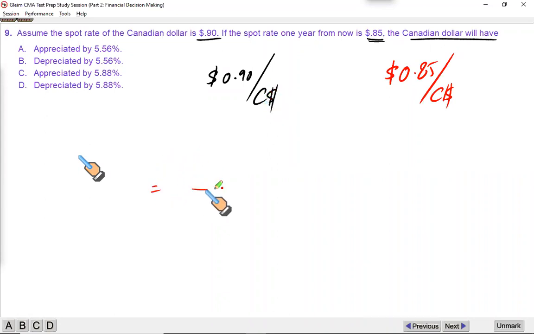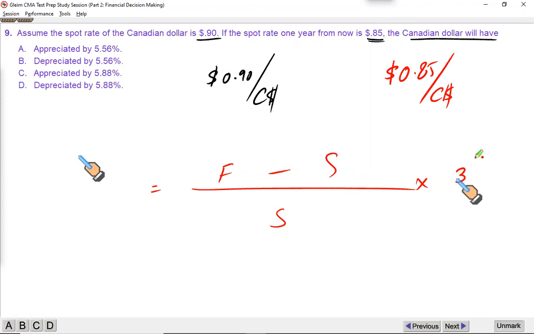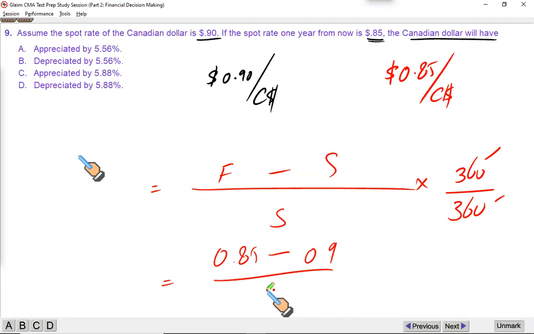So let us plug in the numbers now. We need to find out the forward rate. We know the formula: forward minus spot upon spot into days in a year divided by the days in the contract. Is there a fraction of a year? No. 1 year. That means straight 360 in the numerator, 360 in the denominator. Forward is 0.85, spot is 0.90, upon 0.90 into 1.